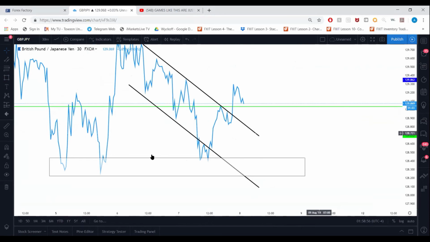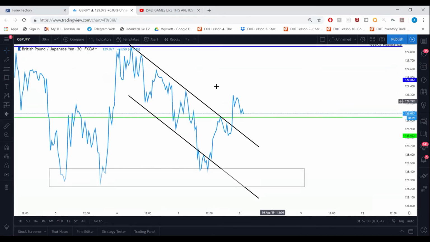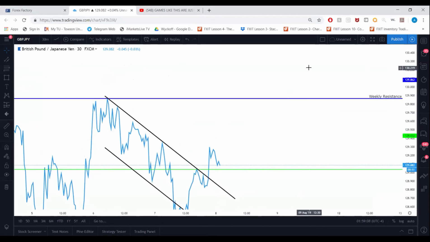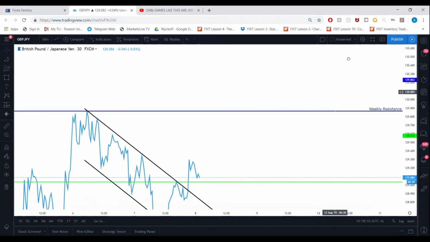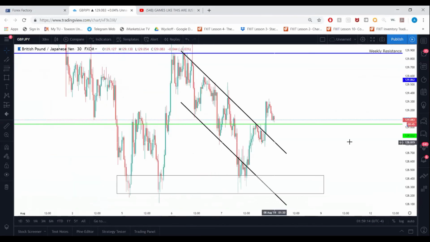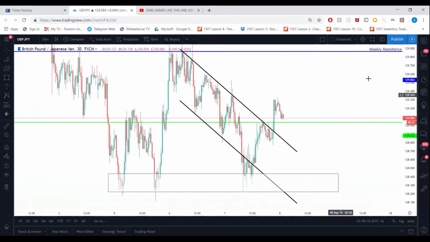We have an impulse move channel, and then a bullish flag breakout. All it's going to do is retest this support, and I definitely see it going at least to this weekly resistance, possibly higher. So from a technical perspective, it wouldn't make sense.